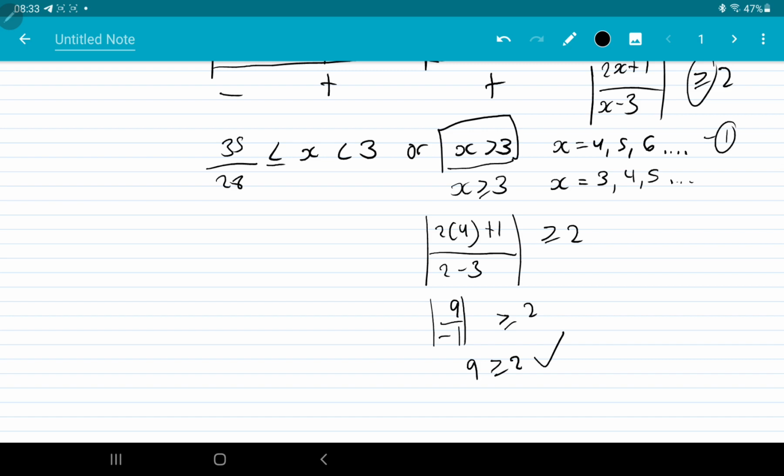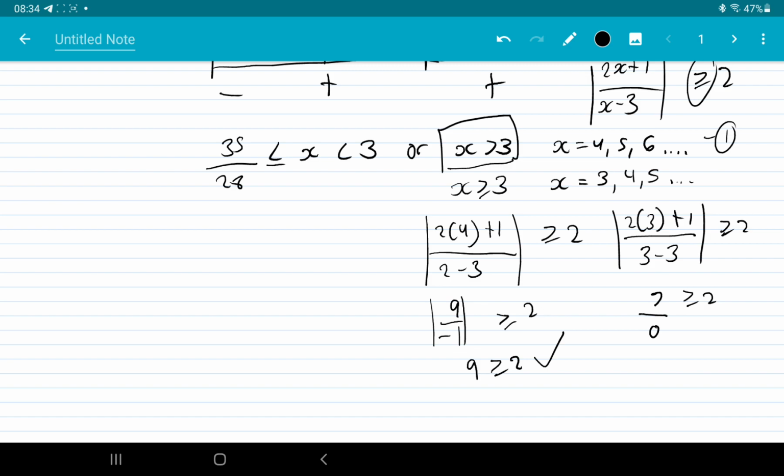But how about 3? So 2 times 3 plus 1 divided by 3 minus 3 is bigger than 2. So you get 7 divided by 0, which is bigger than 2. So why 7 divided by 0?